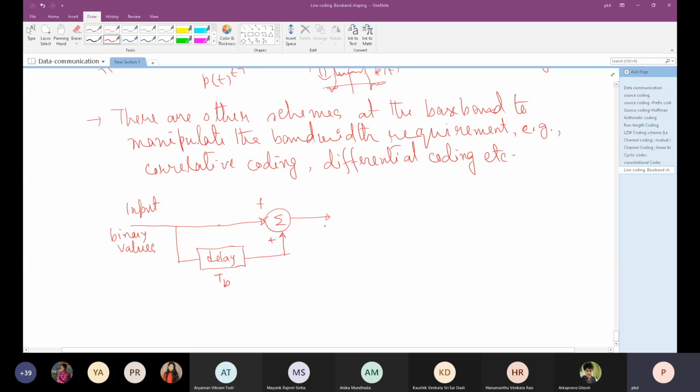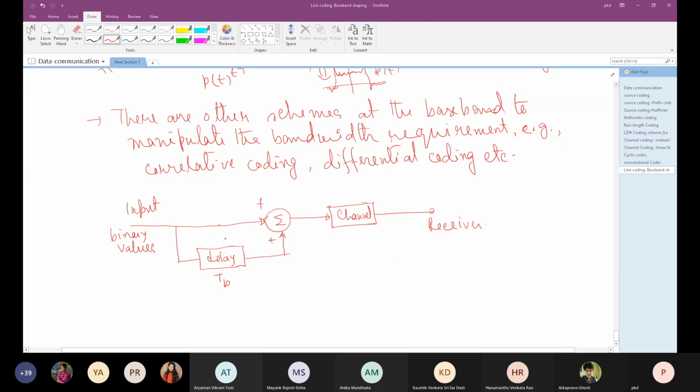Then this is passed through the channel. And of course, on the other side, we have a receiver, which can be a sampler at that instant.